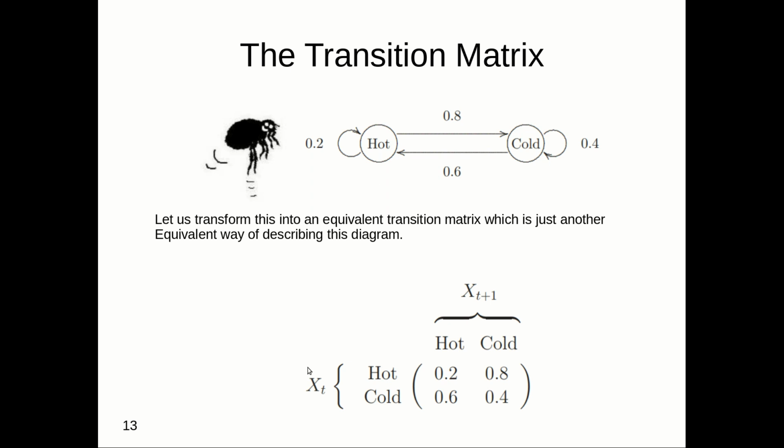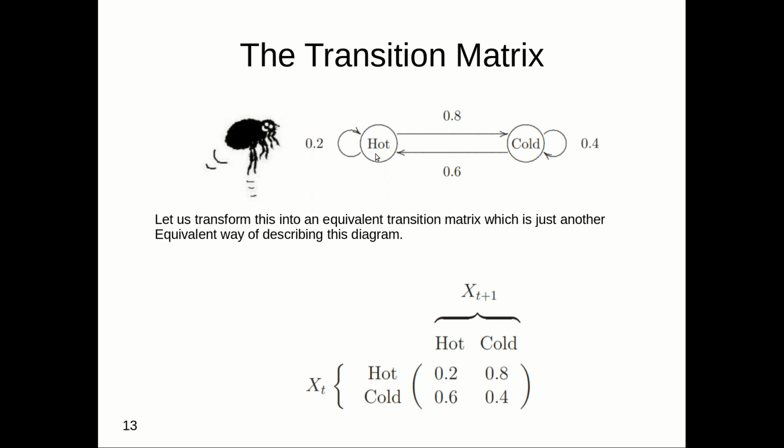And what we do here is that we write down the states at time t, like the hot and cold states. Our flea here is feeling hot and cold. And then we put into the rows the transition probabilities to the next state x_{t+1}.